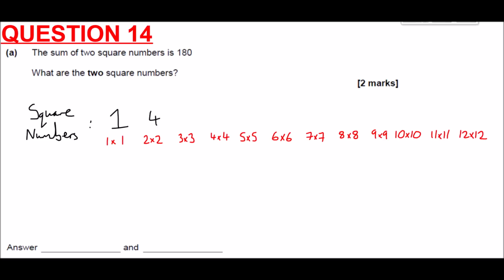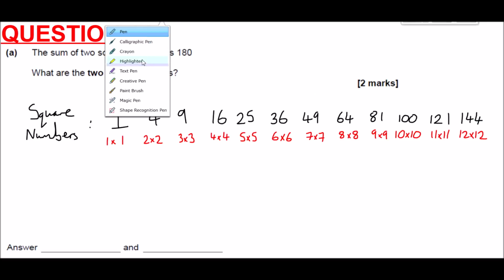So 1, 4, 9, 16, 5 times 5 is 25, 6 times 6, 36, 7 squared is 49, 8 squared, 64, 9 squared is 81, 10 squared, 10 times 10 is 100, 11 times 11 is 121, and 12 times 12, 12 squared, is 144.